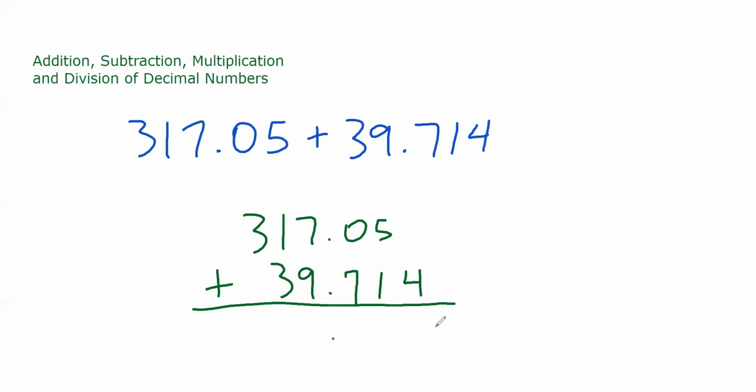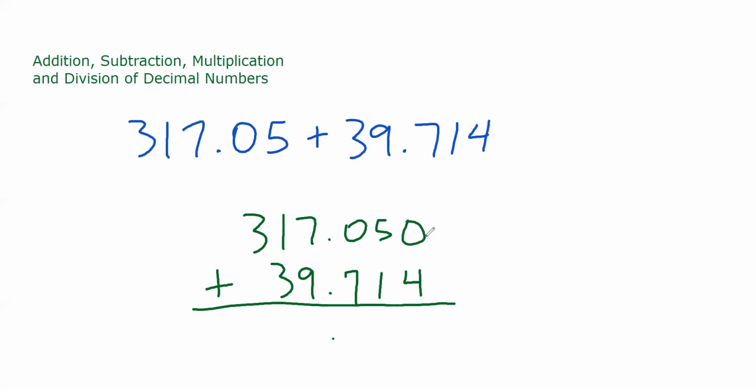Along the same line, one thing you can do, here this 4 is lined up with nobody, so what could we technically put here? 0, exactly. And now we just do the addition.